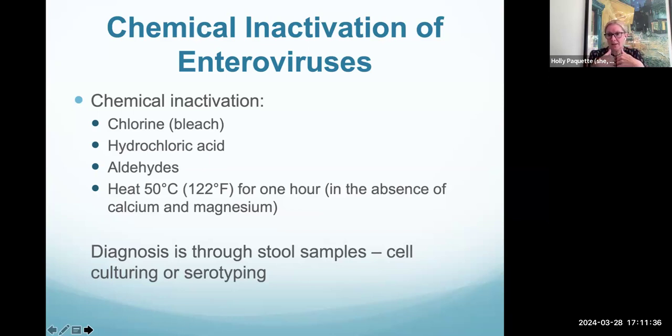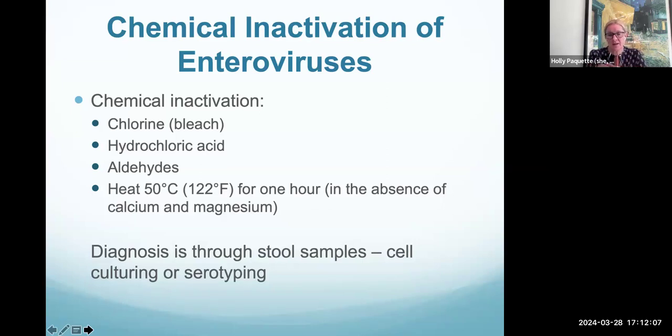Although this is something that enters through the oral cavity, generally speaking, the hydrochloric acid in our stomach would kill off some of it, although the virus, as it continues to replicate, can be shed then in the feces. Aldehydes, which are a chemical that we often use as a disinfectant, would be helpful. And then if we heat up to 50 degrees Celsius, which is pretty hot in Fahrenheit, for 1 hour, that can inactivate it as well.